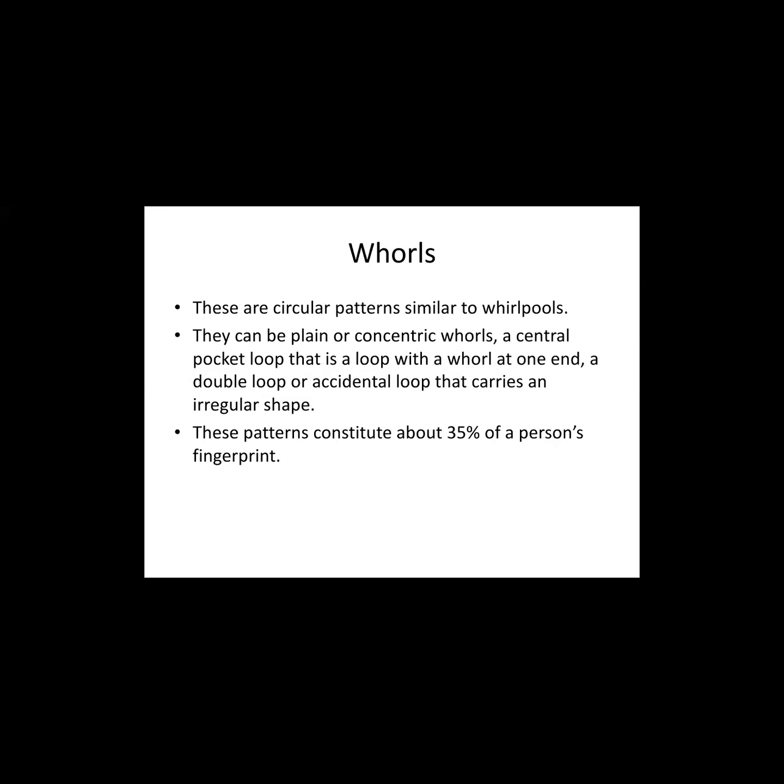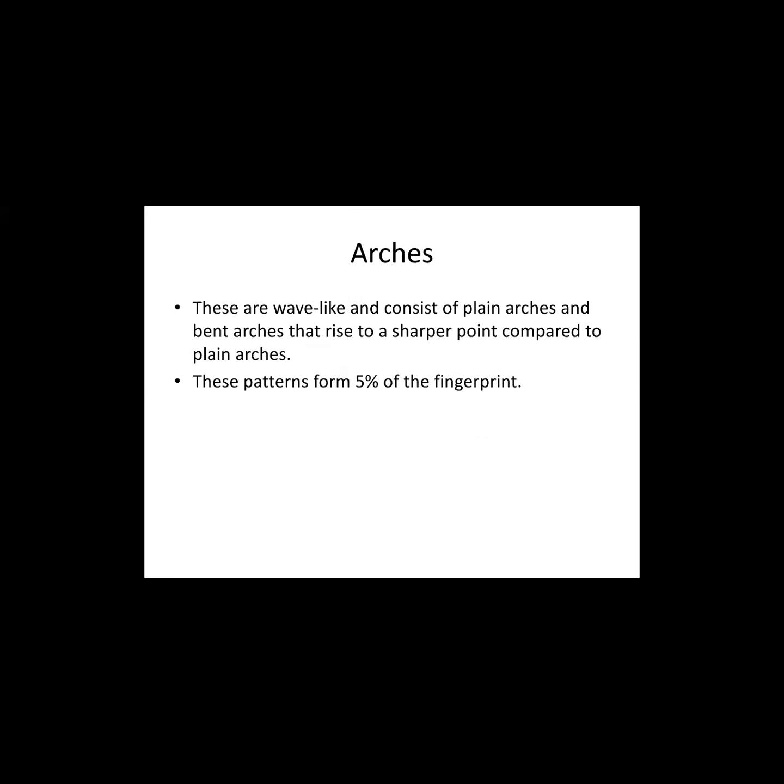Whorls: these are circular patterns similar to whirlpools. They can be plain or concentric whorls, a central pocket loop, which is a loop with a whorl at one end, and a double loop or accidental whorl that carries an irregular shape. Arches: these patterns form 5% of fingerprints, and they are wave-like and consist of plain arches and tented arches that rise to a sharper point compared to plain arches.